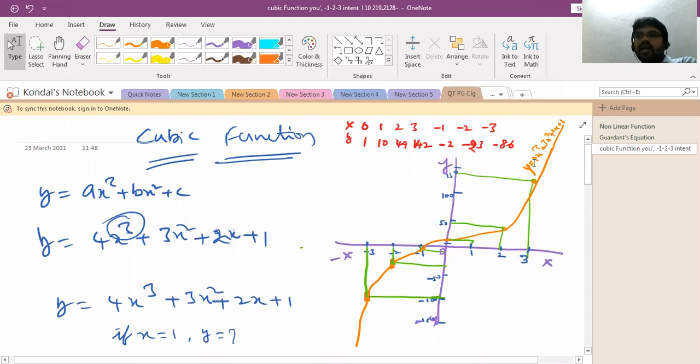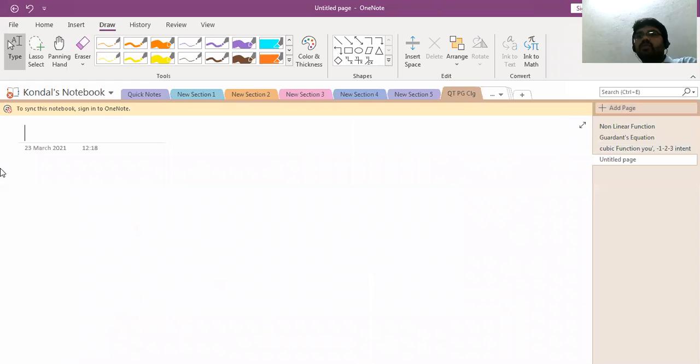I'm not saying that you should take only 4x cube and 3x square and 2x. You should take any number. Then you will get a curve, but which is not a straight line. I hope you understood. Am I clear? Did I clarify your doubt? Yes, sir. Still have any doubt? Yeah. So just you can go through this. Just a minute.